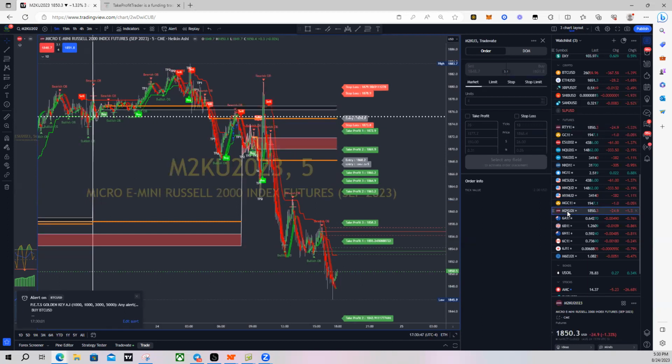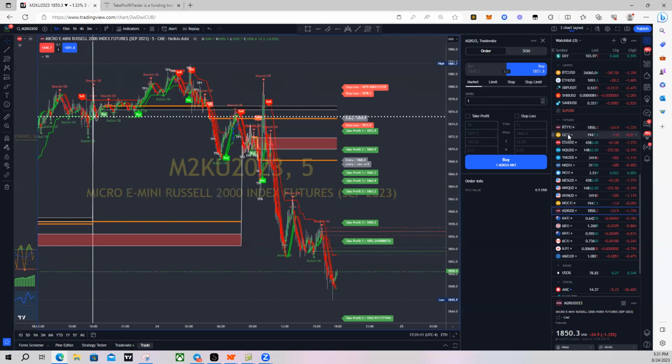And notice that for Russell, the micro is 50 cents instead of $5. So if you see a signal for RTY and you want to take that trade, but you don't want to take the full $5, you will go down to the micro because it's the same move, same chart. It's just a lower risk, right?